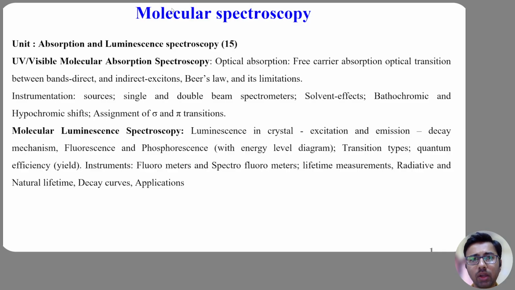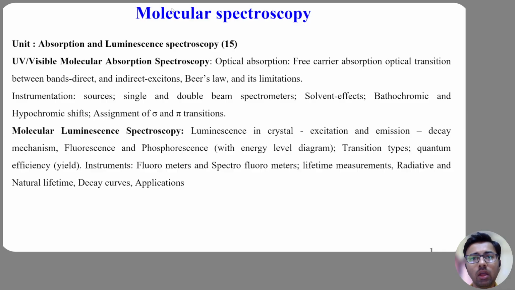In many experiments, molecules are dissolved in solvents. The surrounding environment changes molecular energy levels. This produces spectral shift. Two important shifts are bathochromic shift, which is movement toward longer wavelength, and hypsochromic shift, movement toward shorter wavelength.